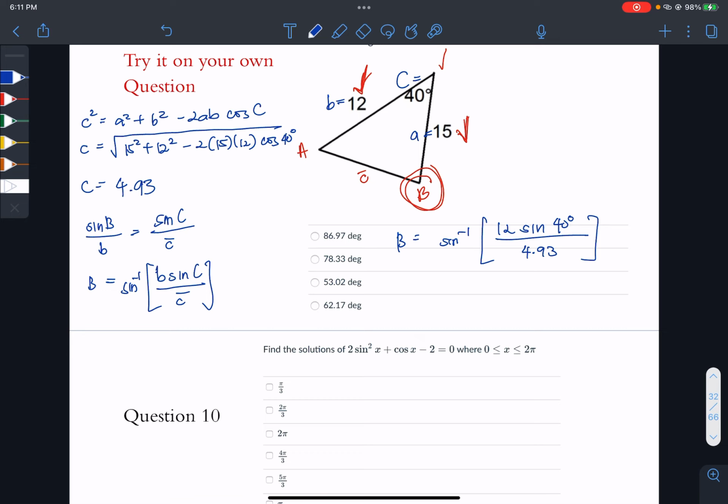Tama ba? Sine C is 40. So C is 4.93. So sine B. So B is 12. 12 sine 40.